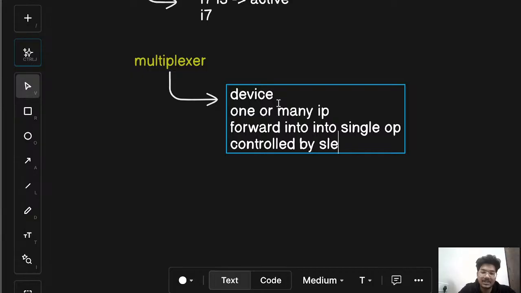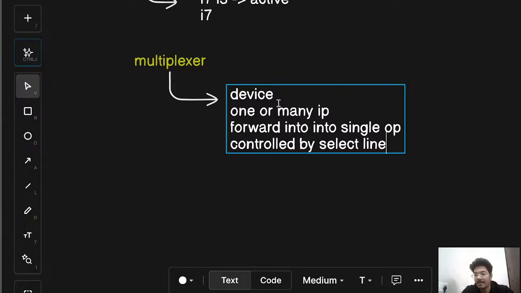It is controlled by a select line. So a multiplexer is a device in which we have many inputs, controlled by the select line, which forwards a single output.